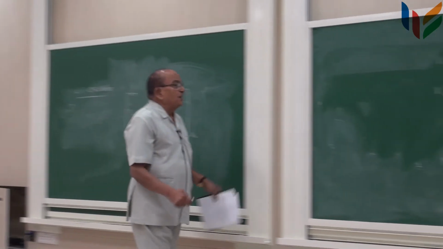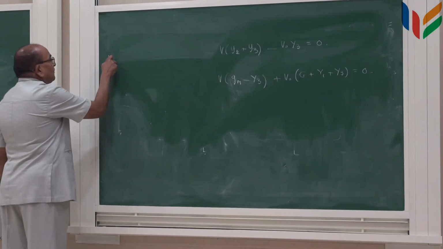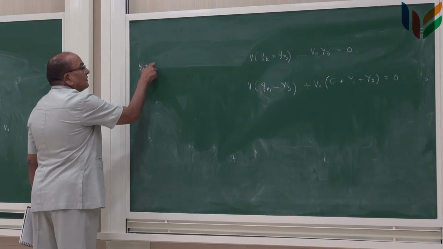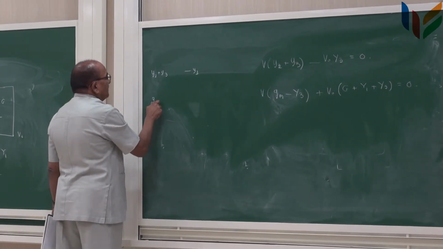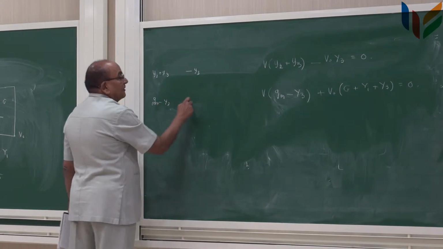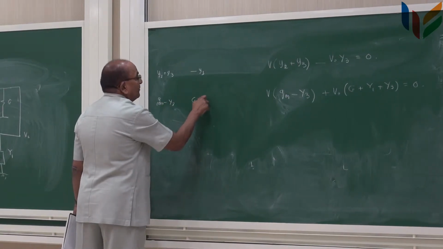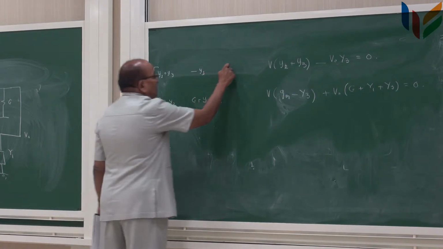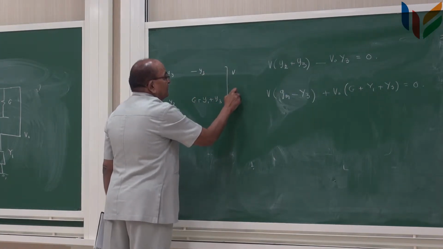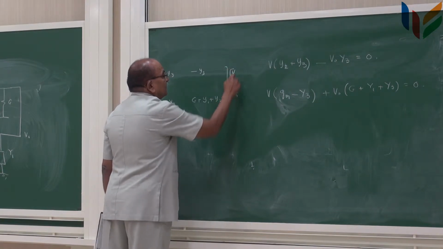So, now if you put it in matrix form, you get y2 plus y3, minus y3, Gm minus y3, and G plus y1 plus y3, into V and V0 should be equal to 0.